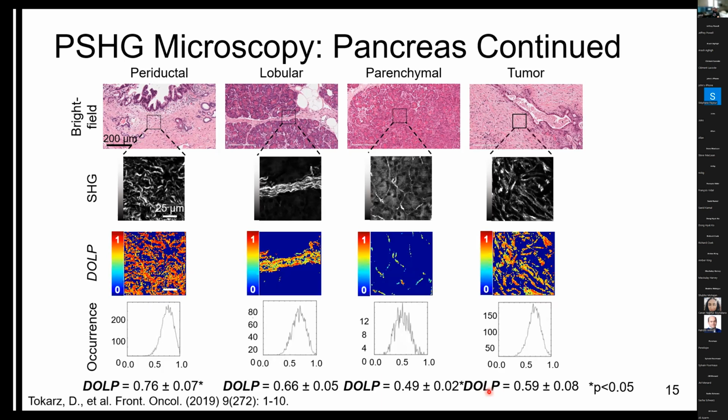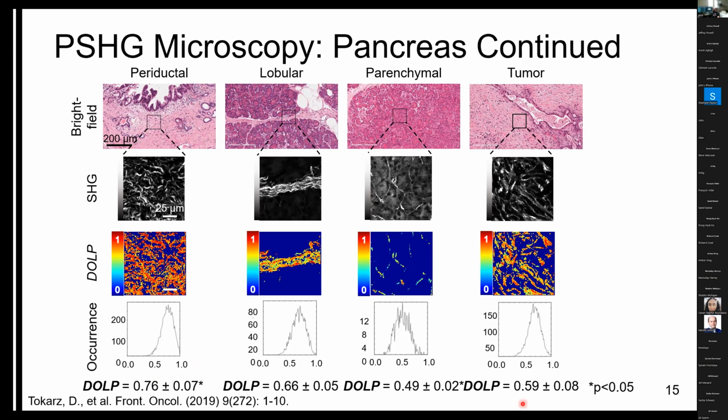Lastly, we looked at DOLP. Disordered collagen fibers, and the presence of small collagen fiber segments within the focal volume, may produce depolarized SHG signals, which can be characterized by calculating the DOLP for each pixel of the PEPO SHG images. What you see here are the occurrence frequency histograms for our DOLP color-coded maps, and below are the average DOLP values.